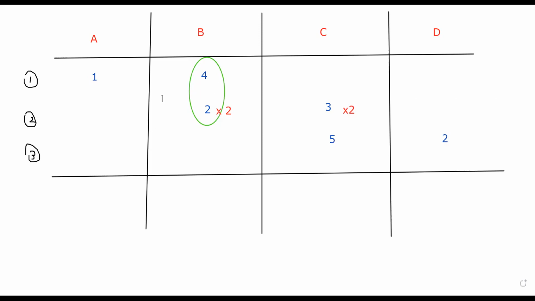By combining these two, we get A to B to C is 1 to 4 to 6. Because C is 3 times 2, which is 6. But then we need to combine these two. One is 6, one is 5. How can we combine it? Of course, we now need to multiply by 5.